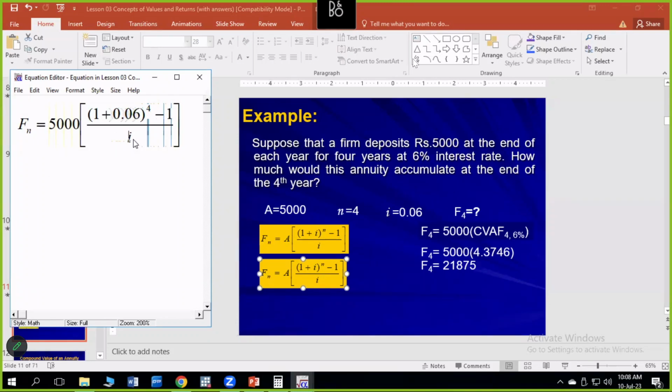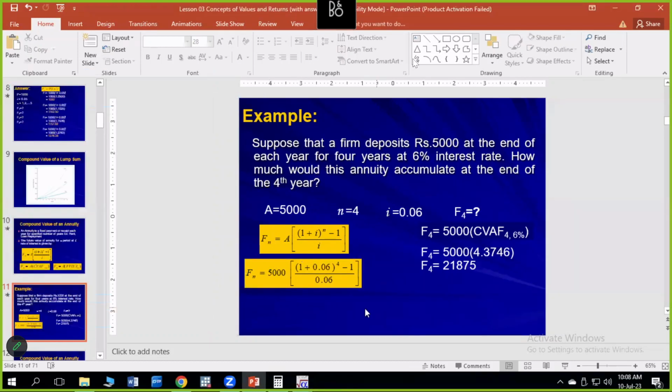For i again, take the real number, don't take it as a percentage. So that's all. Right, now solve it. Apply your basic mathematical steps in solving this in several steps, or you can get the direct result also.